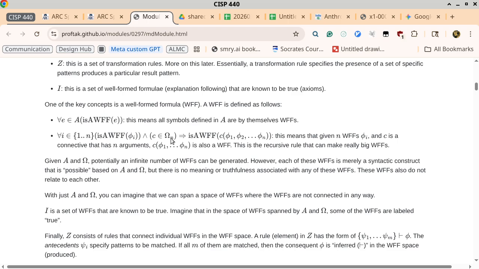Is everybody okay with the recursive definition of what is well formed? Yes.